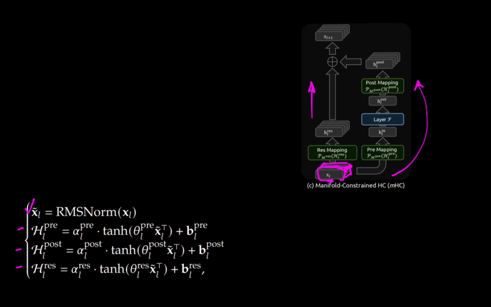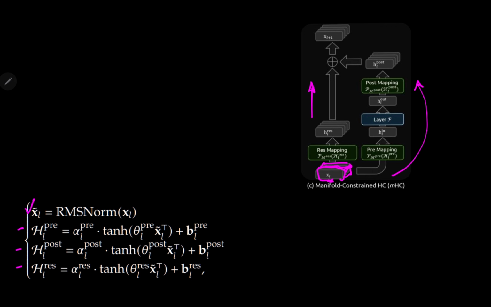First one is going through the hyperbolic function. Then we have one alpha, which basically tries to get rid of small values. Basically, it's gating, and it's of course learnable. And then we have a learnable bias for each of them.